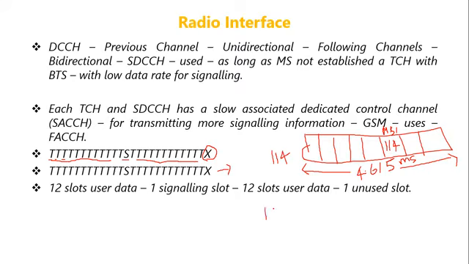For that, we should do 1000 divided by 4.615, which gives the number of frames transmitted during 1 second, multiplied by 114, which gives the data rate per second.